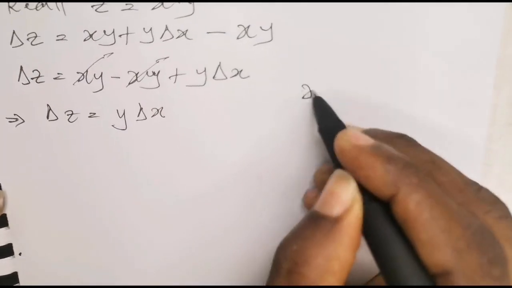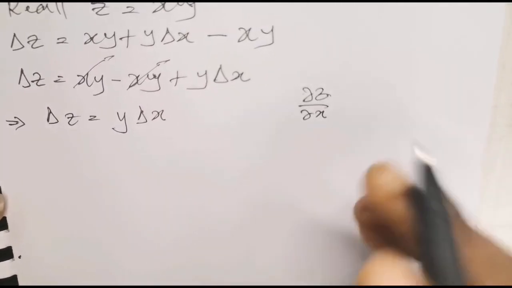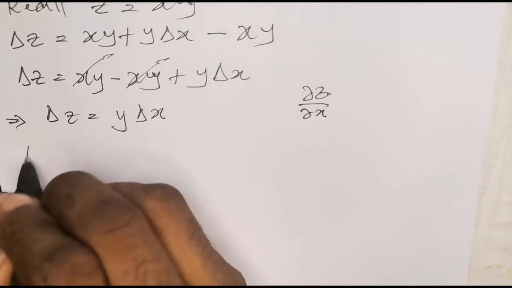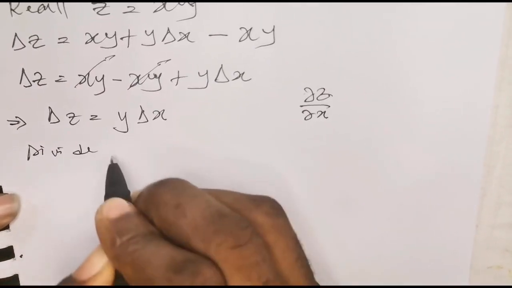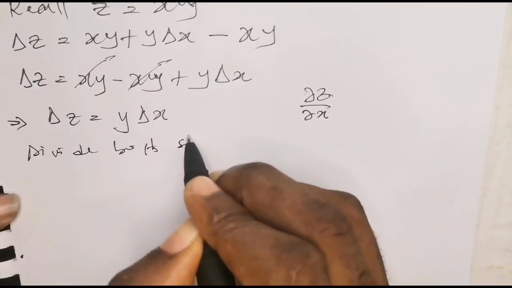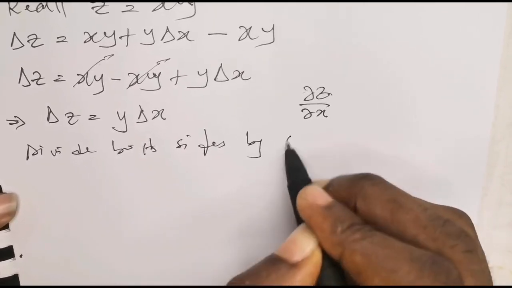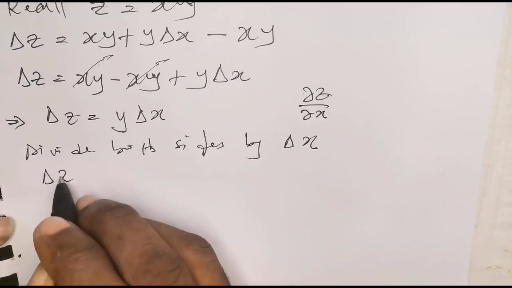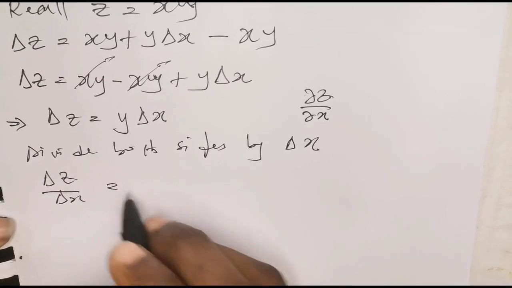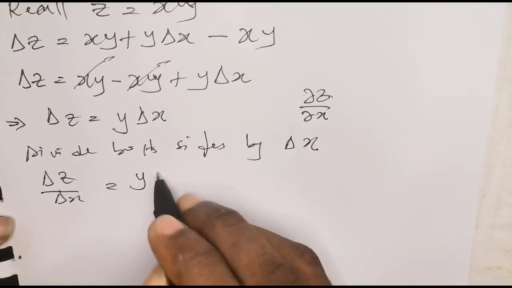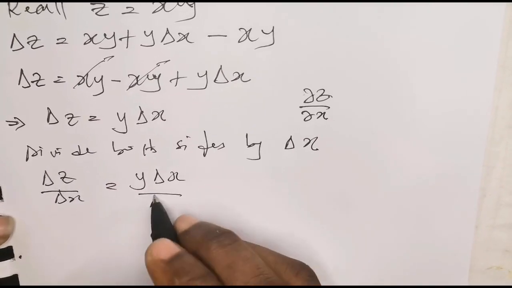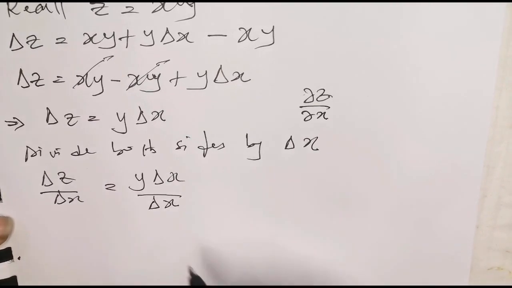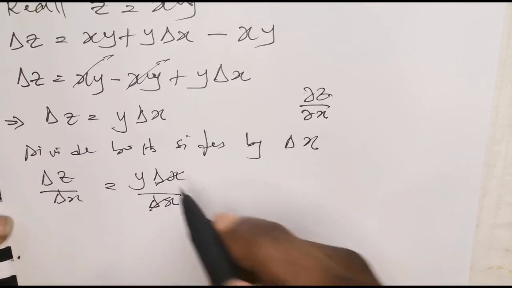But we are asked to find partial z all over partial x, which means at this point what you do is divide both sides by change in x, and you simply have change in z all over change in x, and that's equal to y change in x all over change in x. So observe that change in x strikes change in x.